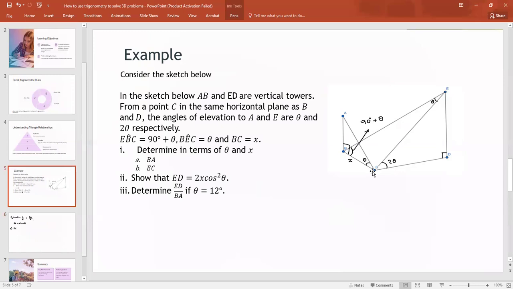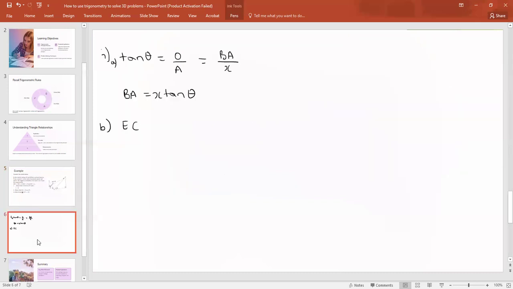Simply because we are given our angle B in triangle EBC as 90 degrees plus theta. We are given angle E in triangle BEC as theta. So we now have to make use of the sine rule. Why our choice of the sine rule? Because we have two angles given, one side given, and the other side is what we are looking for. Therefore, let's move ahead and use the sine rule here.